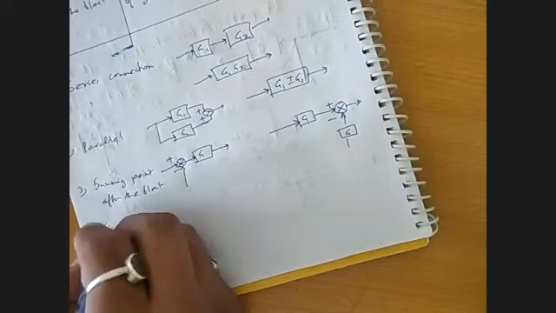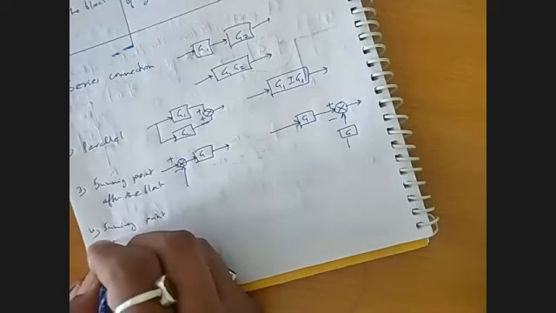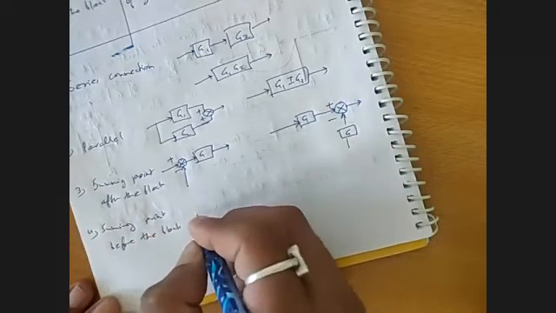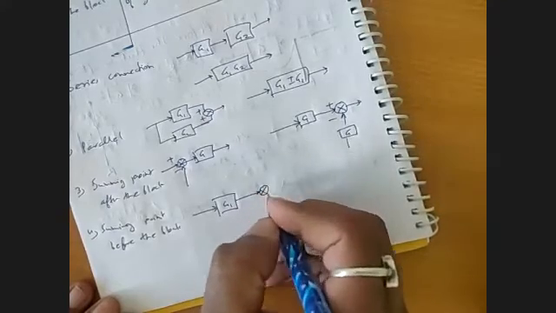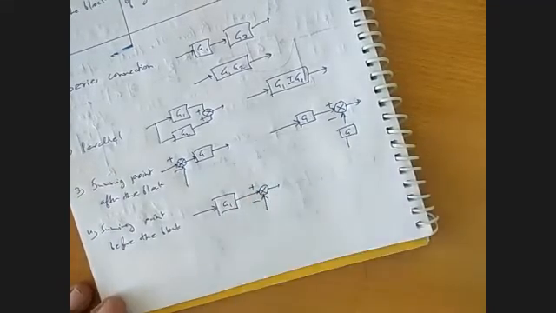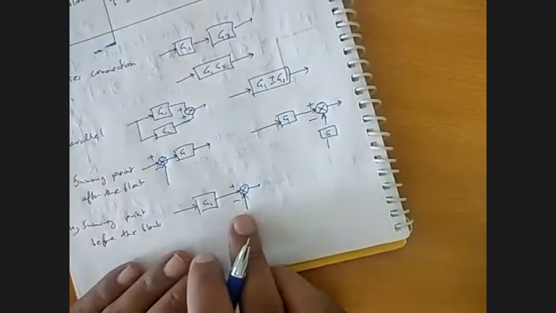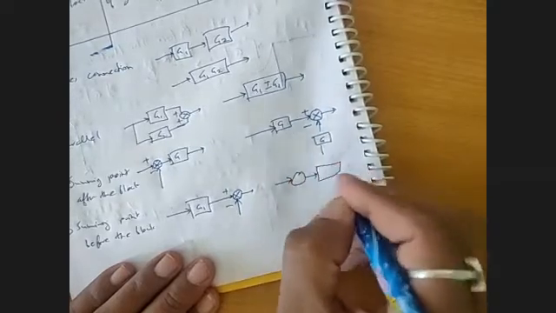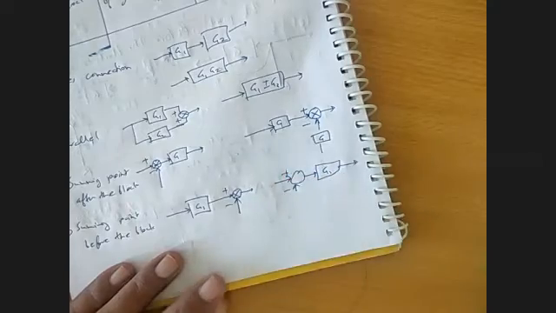Then we have a summing point which is connected after the block, and we want to shift it before the block.